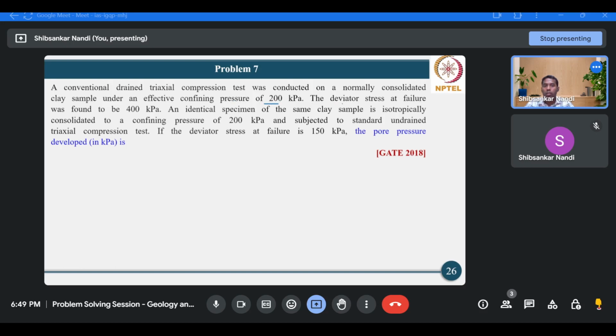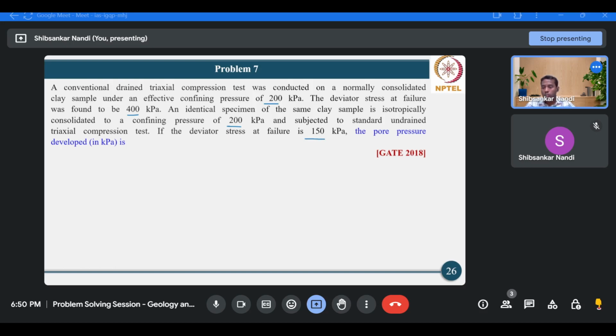The deviator stress at failure was found to be 400 kPa. An identical specimen of the same clay is isotropically consolidated to a confining pressure of 200 kPa and subjected to a standard undrained triaxial compression test. If the deviator stress at failure is 150 kPa, find the pore pressure developed.